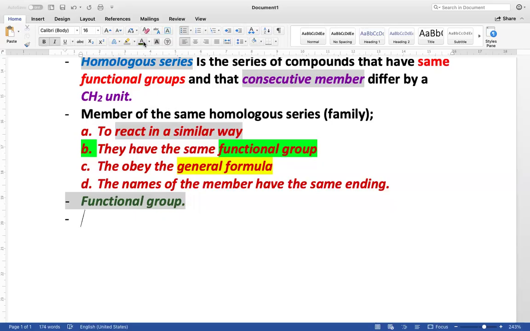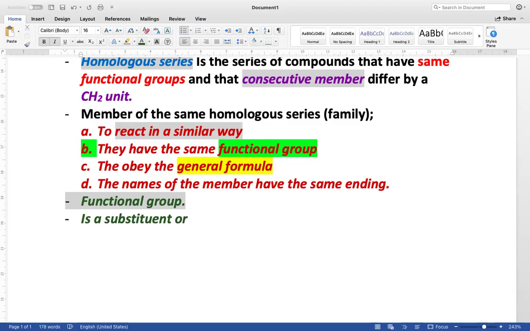Let's see. It says that in organic chemistry, a functional group is a substituent or moiety. I'm not sure how to pronounce it actually.